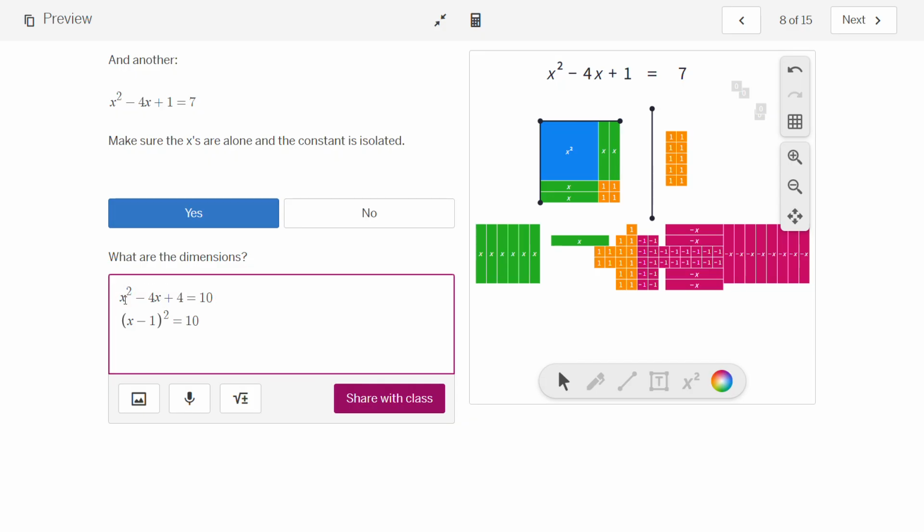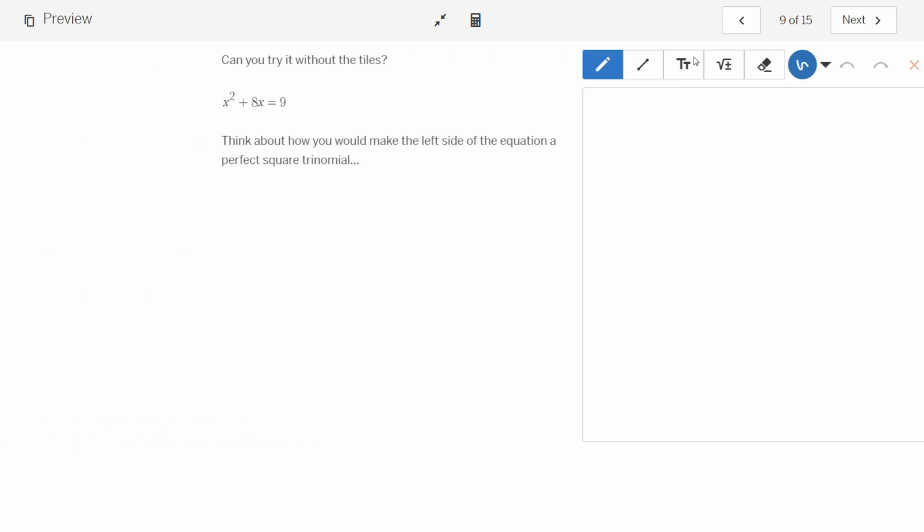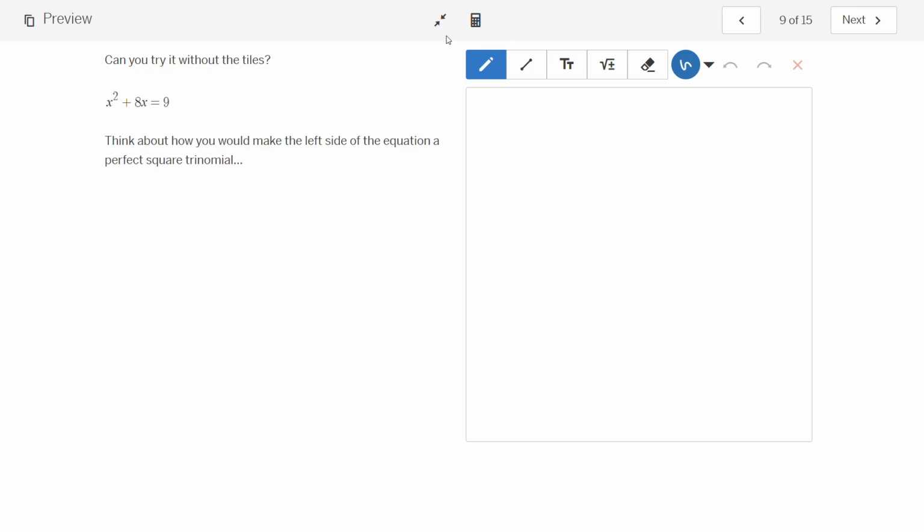So the first one would be the new perfect square trinomial, and then the second one, not plus or minus 1, plus or minus 2. What am I doing? It's good, I caught that mistake that I made. So then from this point, we can take the square root of both sides. So what we've done to this point is what's called completing the square. All right, now on this slide, I would like you to try to do it without the tiles.